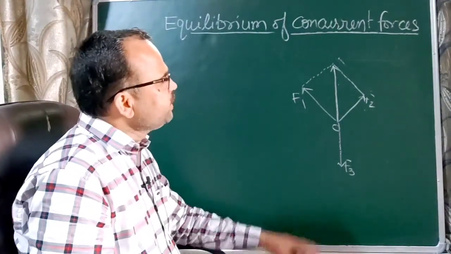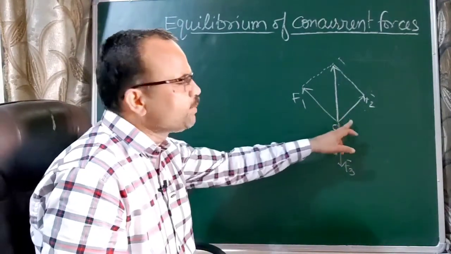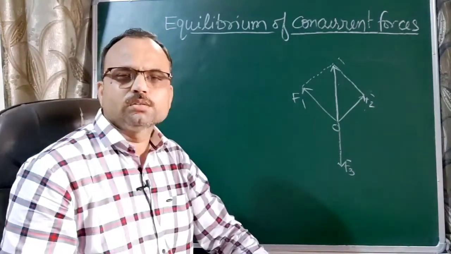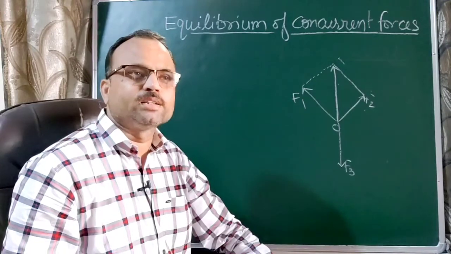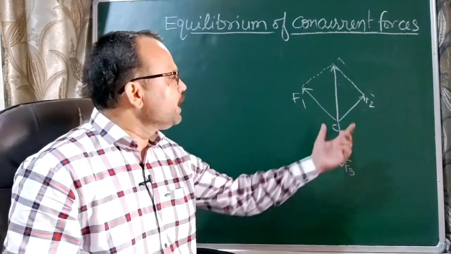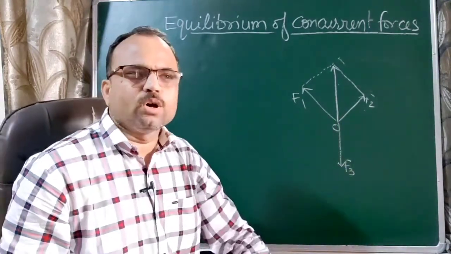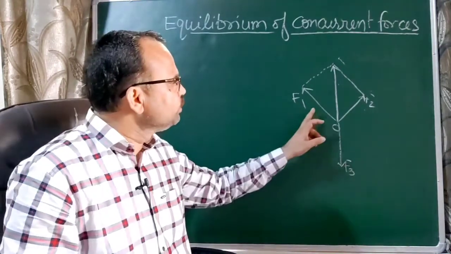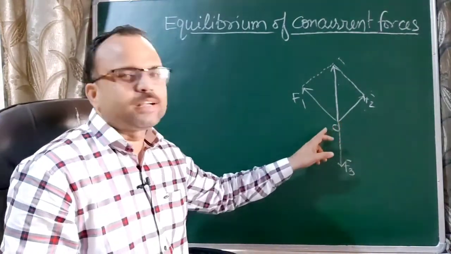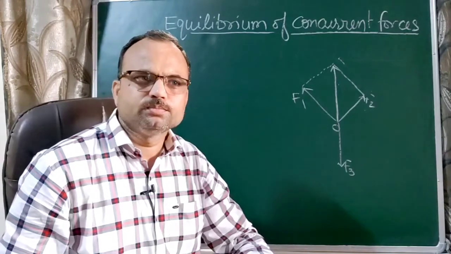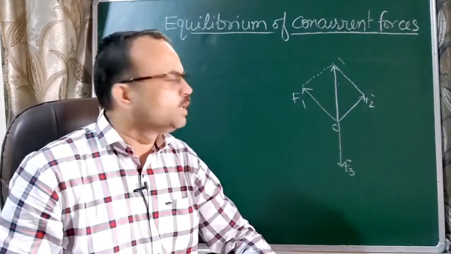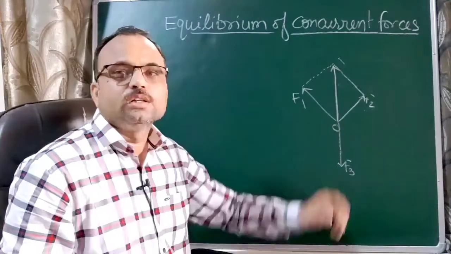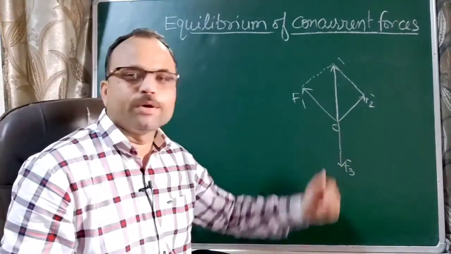First we find the resultant of F1 and F2 by using the parallelogram law of vector addition. As we studied, if two vectors act simultaneously at a point, then the resultant of these two vectors can be represented by their diagonal which passes through that point.